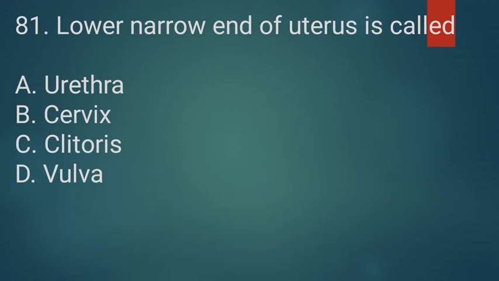Next question. Question number 81. Lower narrow end of uterus is called. Options are option A, urethra, option B, cervix, option C, clitoris, option D, vulva.